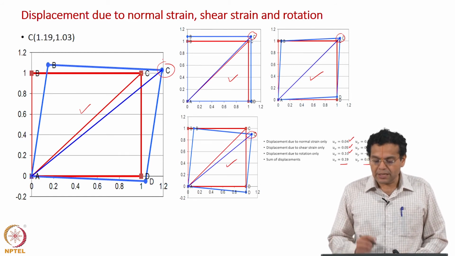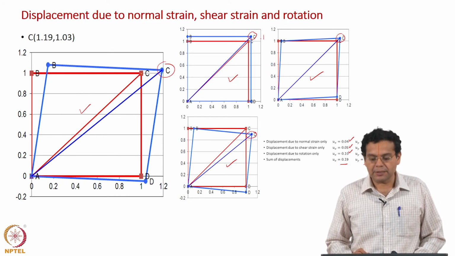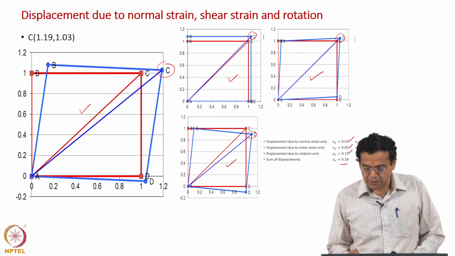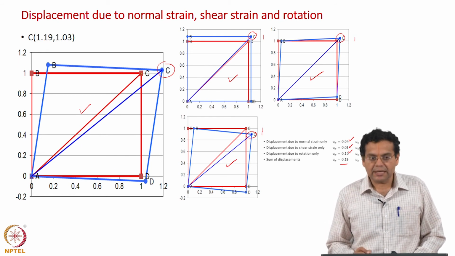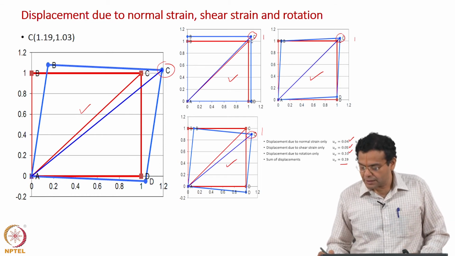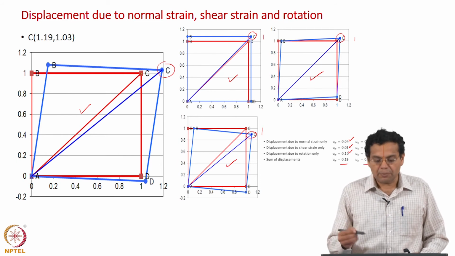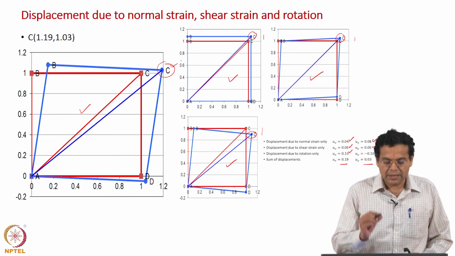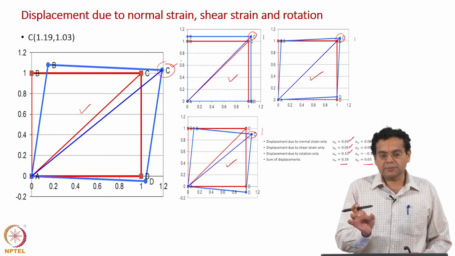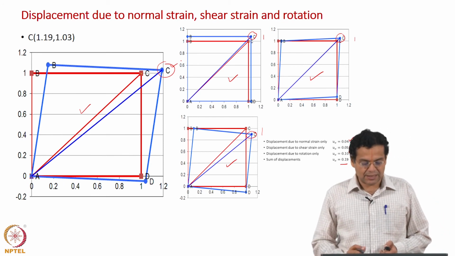Now, if you look at y displacement, it is positive y displacement here, here again a positive y displacement, but when you come to rotation, there is a negative displacement in the y direction. That is why when you sum up 0.08, 0.05, minus 0.1, you get a small positive y displacement. That is why if you look at initial C and final C, large x displacement and a small y displacement. Of course, that explains whatever I discussed earlier a little more graphically.